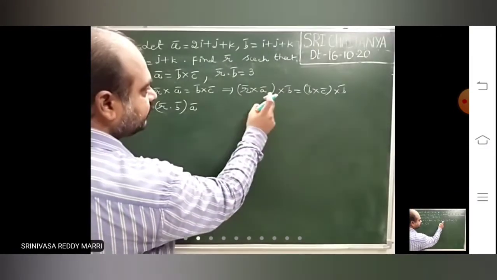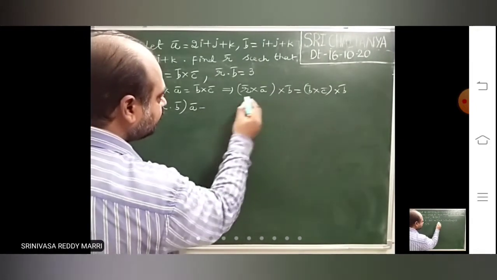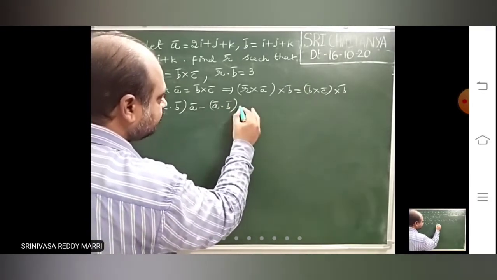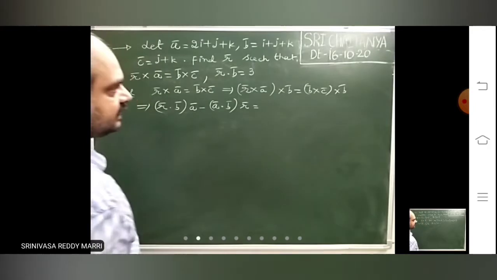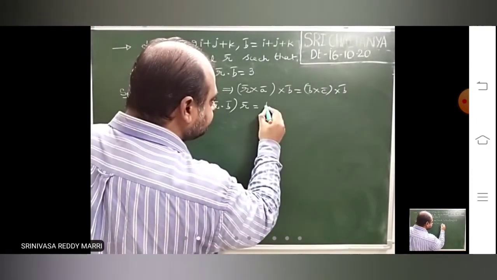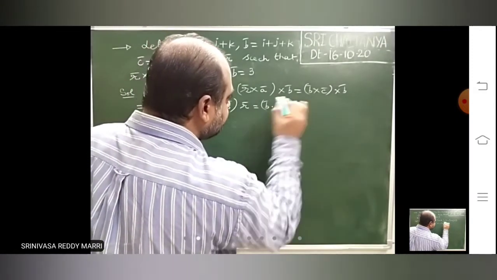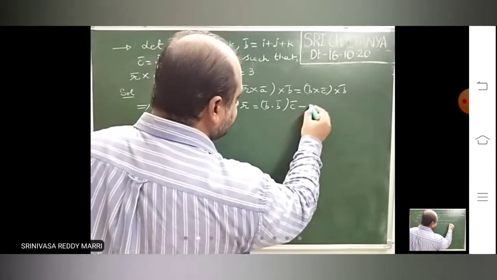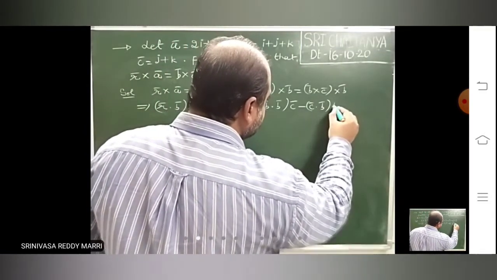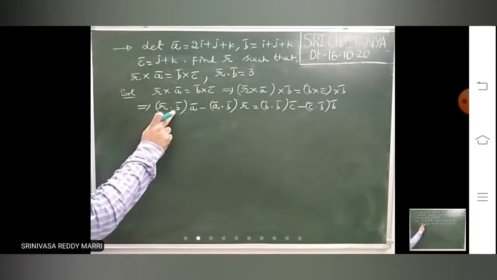R bar dot B bar into A bar minus A dot B into R bar. Yesterday I told you the vector triple product formula: A bar cross B bar cross C bar. That means B bar dot B bar into C bar minus C bar dot B bar into B bar. R bar dot B bar is given as 3.